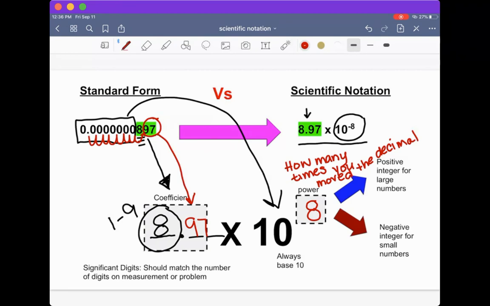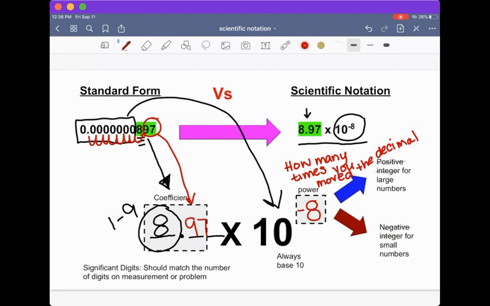Now, you can either have a positive integer or a negative integer. A positive integer is for a large number. A negative integer is for a small number. So this number is small, so I have a negative 8.